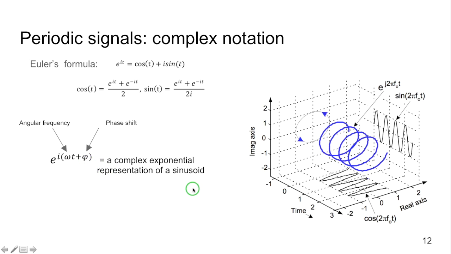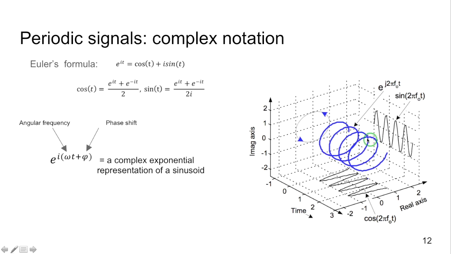And the geometric interpretation of this notation is shown in this three-dimensional phase plot. So we have time, we have an imaginary axis, and a real axis. And our oscillation is traveling through this space.